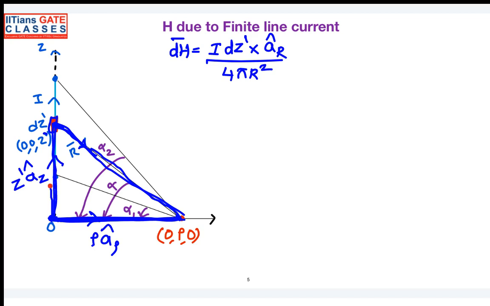This vector plus this vector should be the resultant rho a_rho cap. So z prime a_z cap plus r bar equals rho a_rho cap. In other words, r bar is equal to rho a_rho cap minus z prime a_z cap.